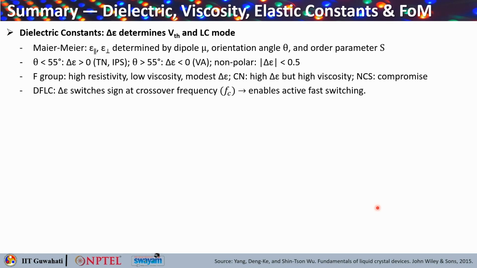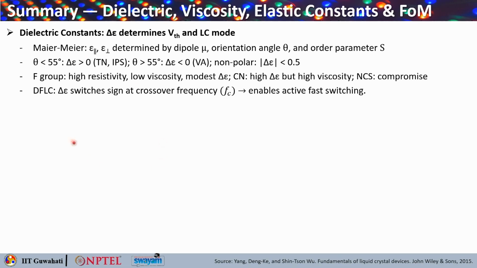So, if you want to summarize the discussion today in terms of dielectric constants, viscosity, elastic constants and a figure of merit, we understood that the dielectric constant, where delta epsilon basically determines the VTH and the liquid crystal mode.